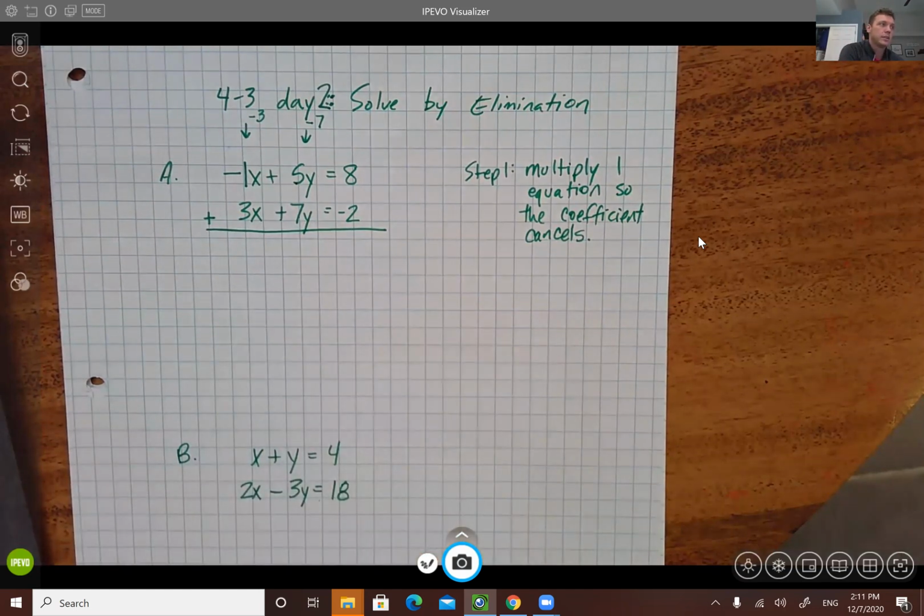What do you think? Can you guys think of a number that you can multiply 1 by to get 3? You can type into the chat. You can turn off your mic. Whatever you feel comfortable doing.